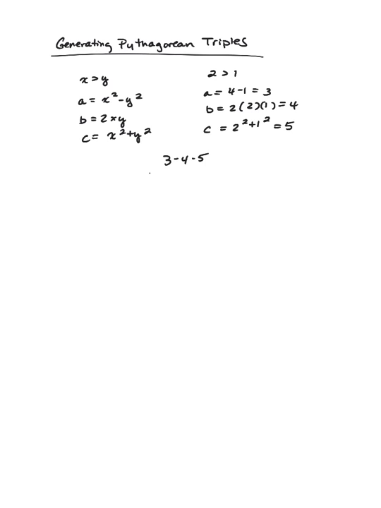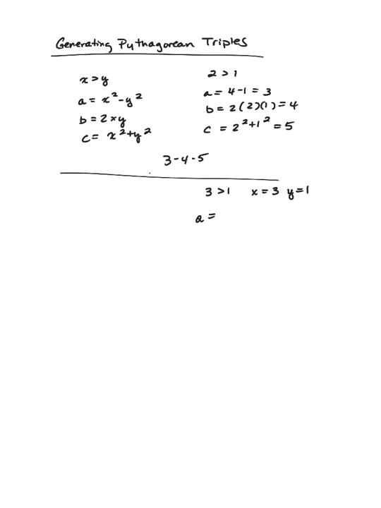Okay, let's do it for a couple more, right? Let's say we have 3 is greater than 1, right? So 3 is greater than 1 means x is 3, y is 1.